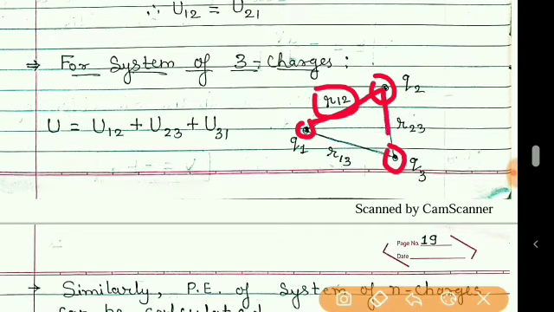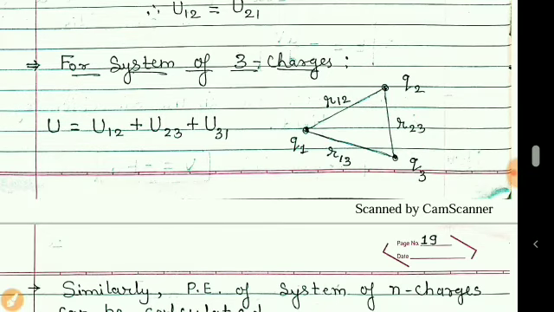The distance between Q2 and Q3 is R23, and the distance between Q1 and Q3 is R13. Now here there are three possible pairs of two charges.